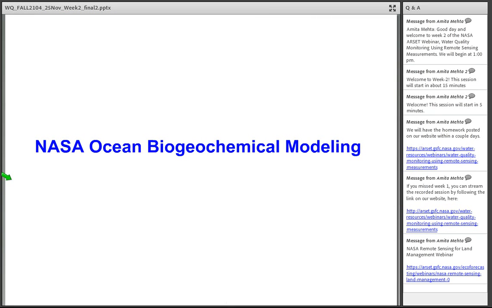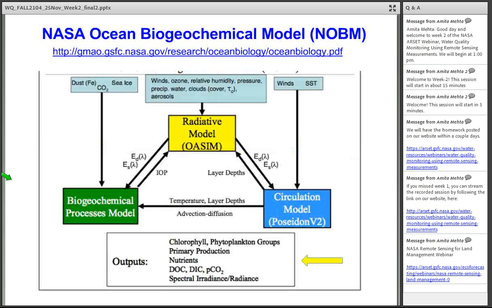So finally, we want to talk about a modeling effort that NASA has for ocean biogeochemical modeling. There is a model developed, and this has multiple components. It has biogeochemical processes and circulation within the ocean. So it's an ocean circulation model where processes are modeled, and it has atmospheric forcing given also from a model plus satellite observations.